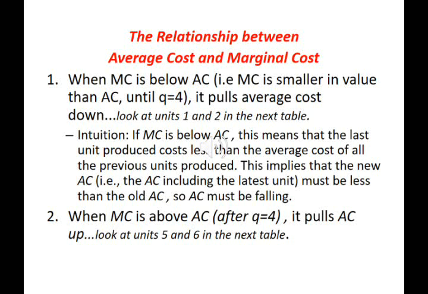So in this case, the average cost will be an increasing curve. Let's look at the next table to clarify this point, and then in the next slide, we're going to look again at the graph to confirm this idea.